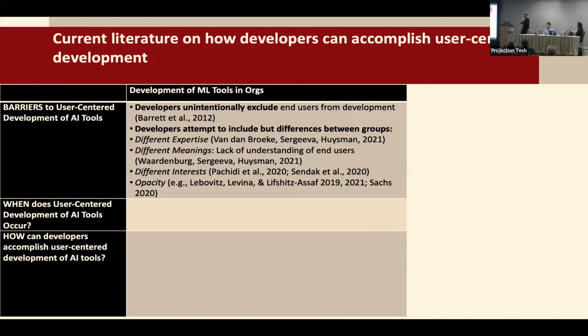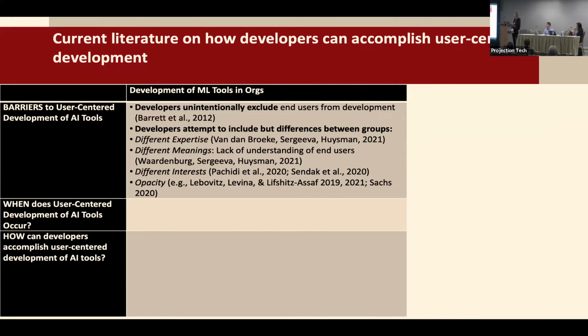What do we know about user-centered development? We've got a lot of recent studies about implementing AI solutions or other kinds of technology solutions. In some cases, developers unintentionally exclude end users, but in some of these more recent studies, we're seeing that a key problem is differences between developers and end users in expertise, meaning, and interest, and that makes it difficult for them to really engage in user-centered design.